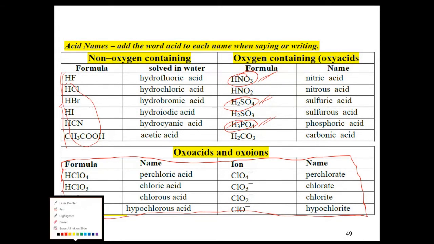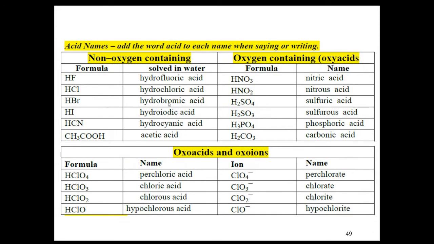Okay, friends, here it's very important. Here you see fluorine, chlorine, bromine, iodine. What are these? These are halogens. When you add H with halogens, it becomes an acid.